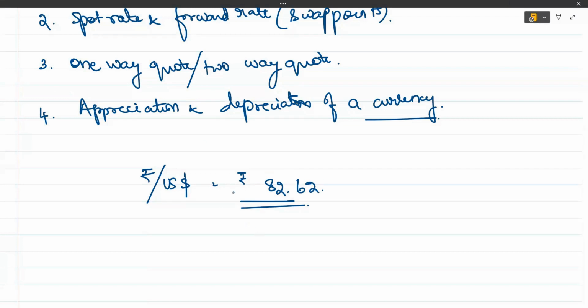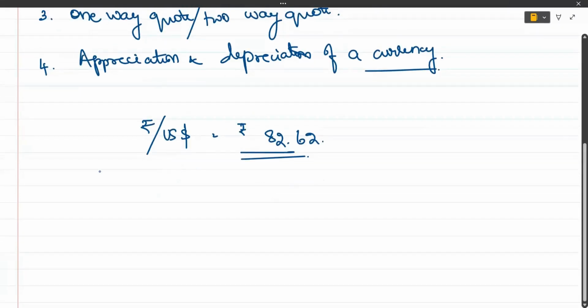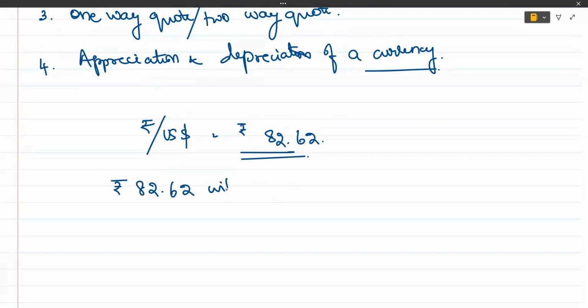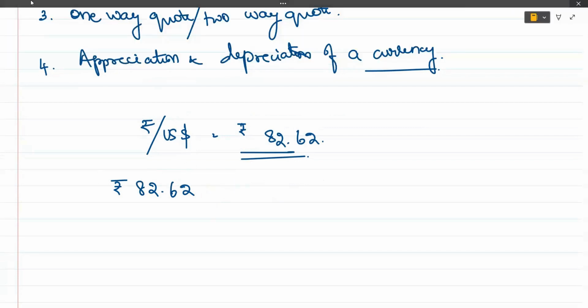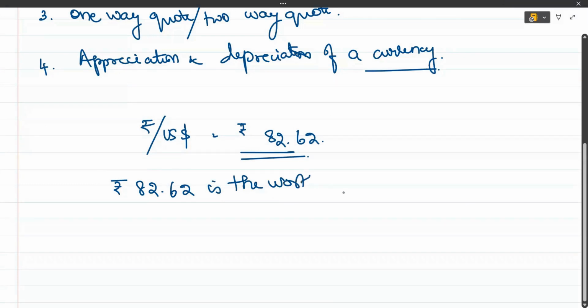So when the currency is given in this term, what does it mean? It means that 82.62 rupees is the worth of 1 US dollar.